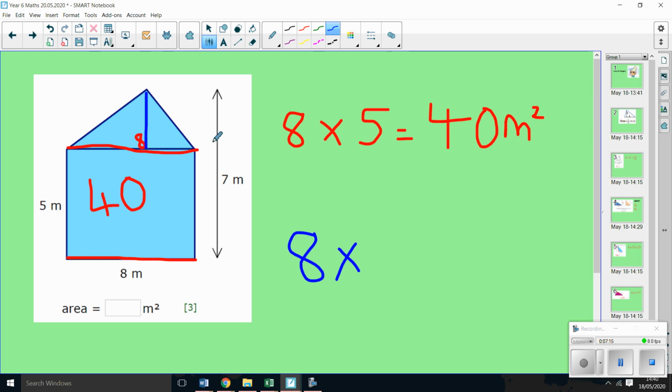But again, it's not given us the vertical height this time, so we have to work it out ourselves. Now we know the height here of the rectangle is 5, and we know by looking at this arrow that the full height of the whole compound shape is 7.